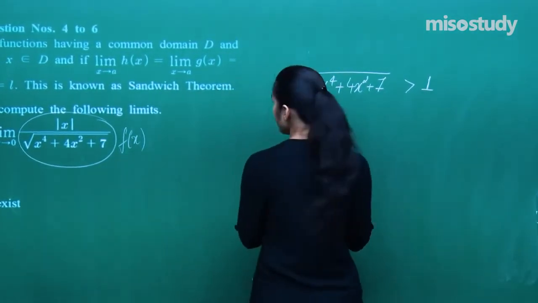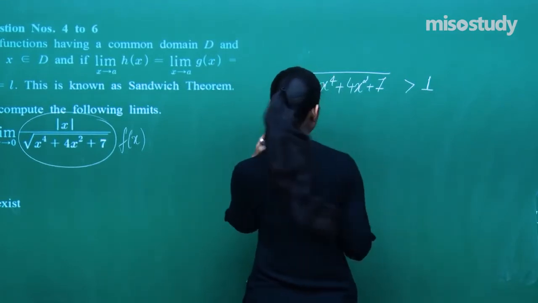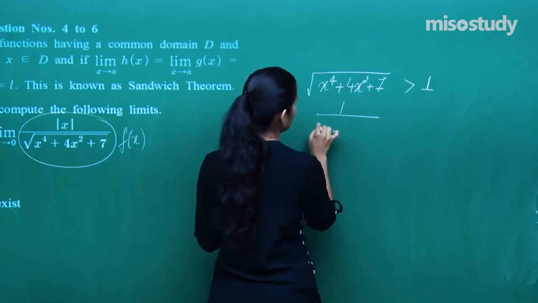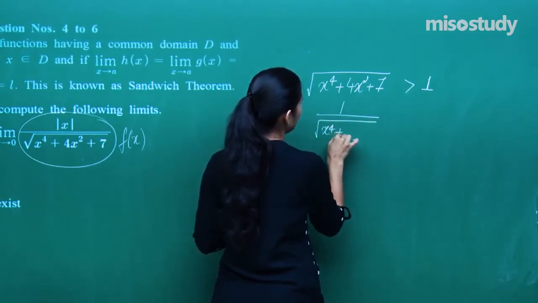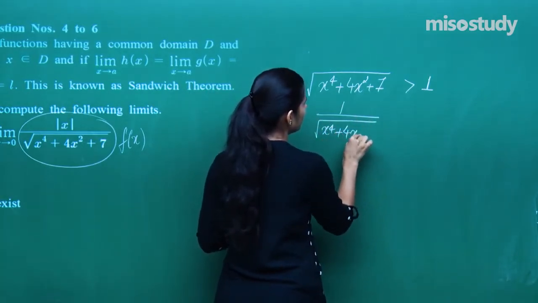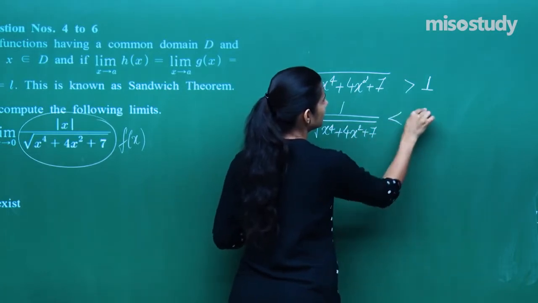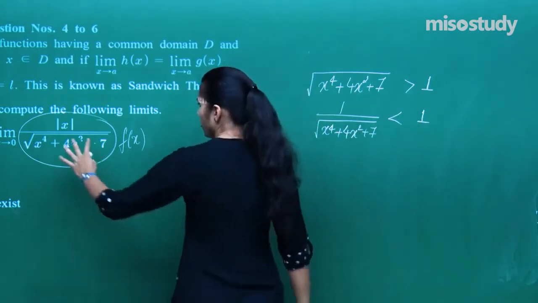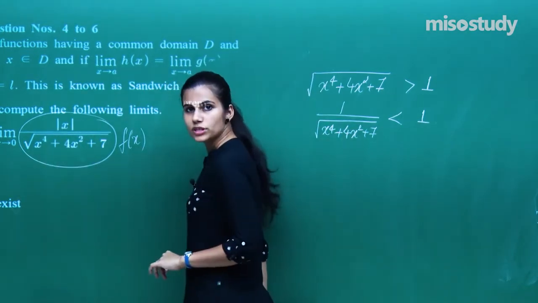Right? Now over here, if this is strictly greater than 1, therefore it means 1 upon the square root of x to the power 4 plus 4x square plus 7 is less than 1. Mod x, you know, is greater than or equal to 0 always.